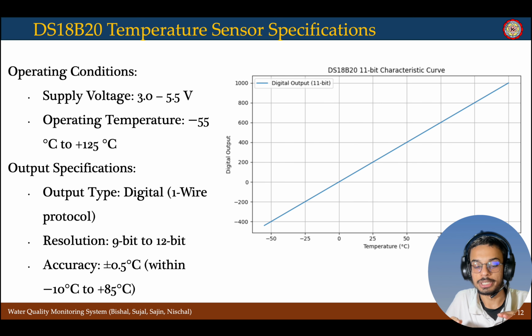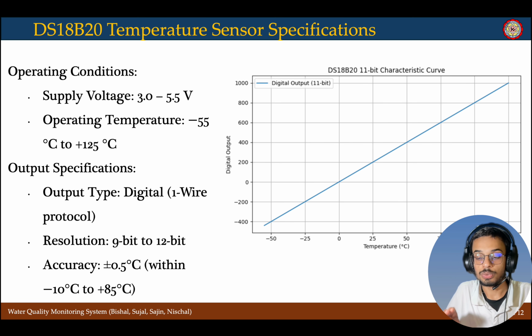Whenever there is a low voltage, it will stay low, and whenever there is no low voltage, it will default to high. In this way the one-wire protocol is used, with a supply voltage of 3.0 to 5.5 volt, an operating temperature of minus 55 degrees Celsius to 125 degrees Celsius, and a resolution of 9 bit to 12 bit. We have used 11-bit resolution.